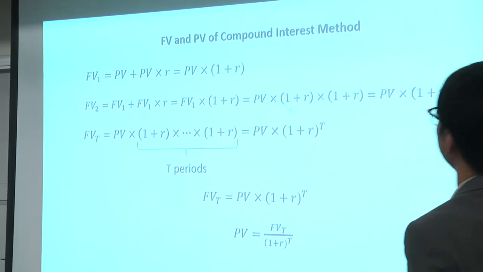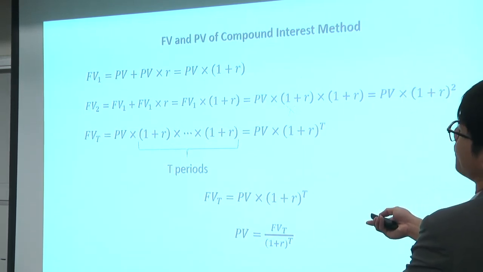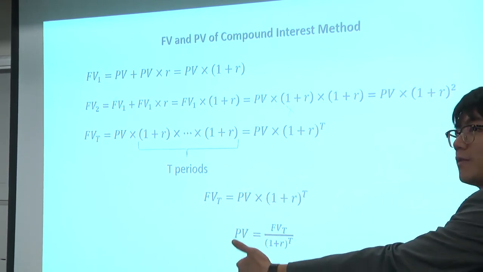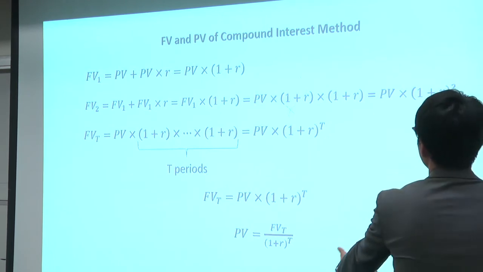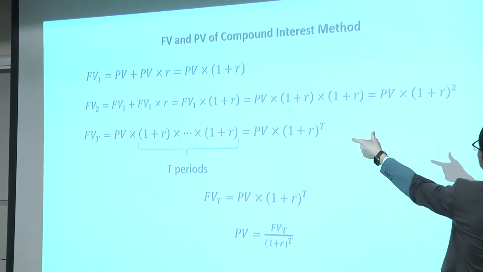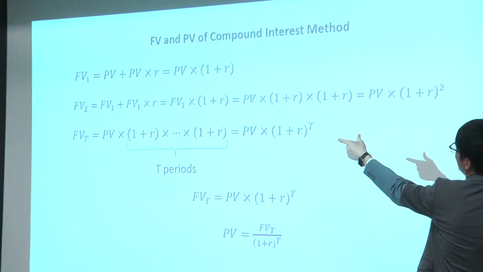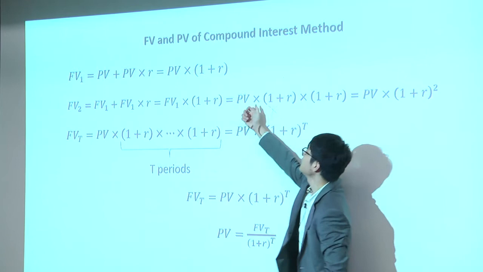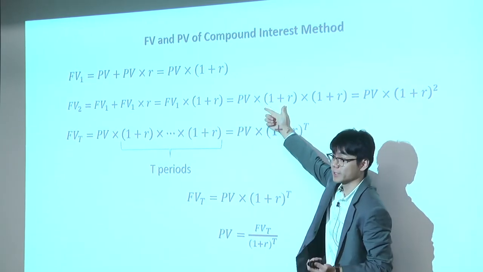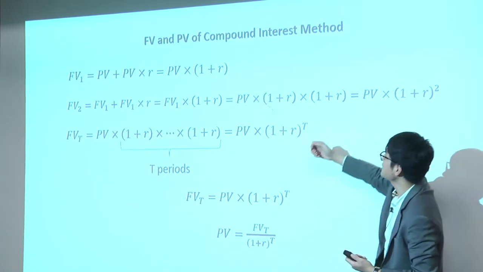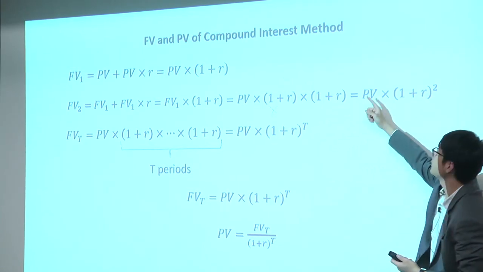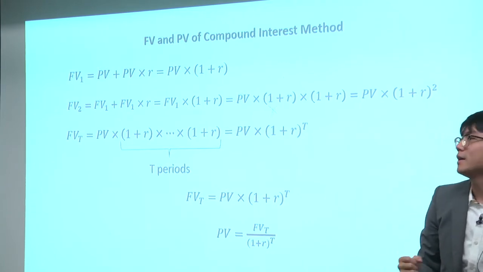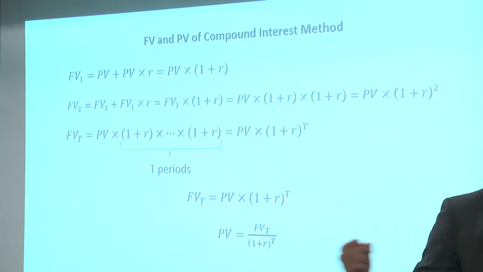Then let's do one more year. The future value of the second year should depend on your future value of the first year, right? My total saving at the end of the first year, plus the saving times the interest. Once we put it together, we can swap this first year's future value into the previous year's. Then you can see the future value of the second year is actually your first saving times 1 plus r to the second power. 1 plus r has been multiplied twice here.